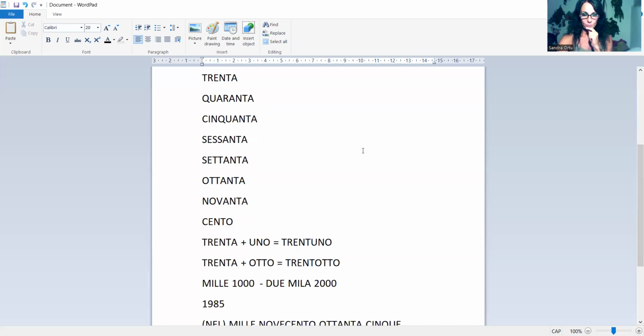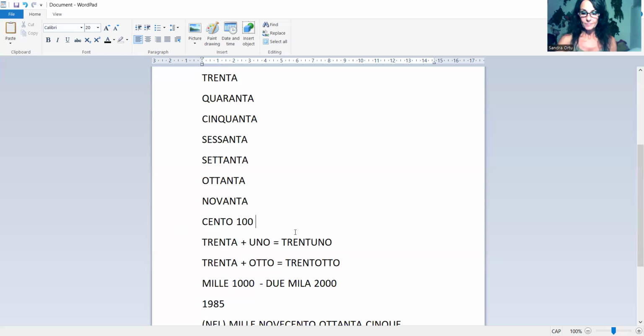So after these ones, we have 100. 100 is cento. It is never un cento. It's like saying 100, not one hundred. Nothing before. It's just cento.